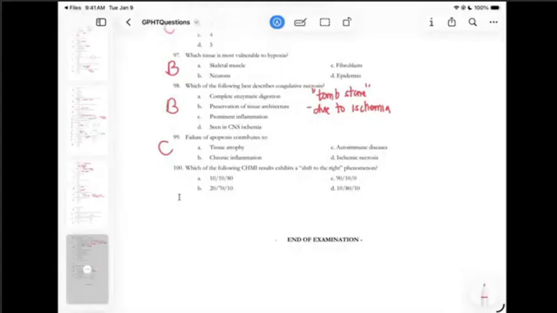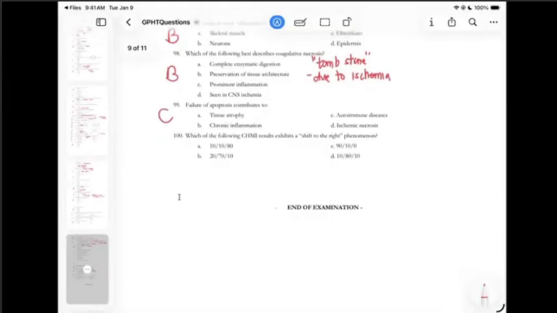And 100, which of the following CHMI results? Cytohormonal maturation index. If you remember, this is when we assess the proportion of parabasal, intermediate, and superficial cells, under the influence of the hormone estrogen.